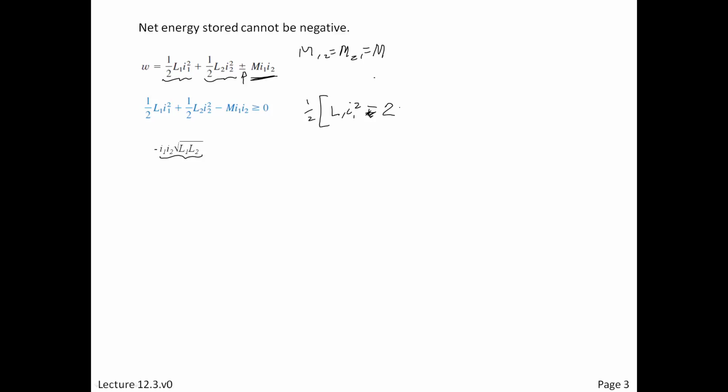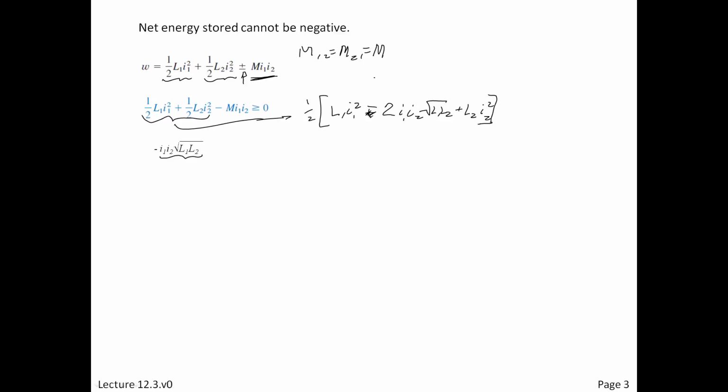So I'm going to call it minus 2 I1 I2 square root of L1 L2, and then add back in the other L2 I2 squared. So I'm just dealing with that first pair of terms. That's all I'm dealing with. These guys I'm talking about over here.